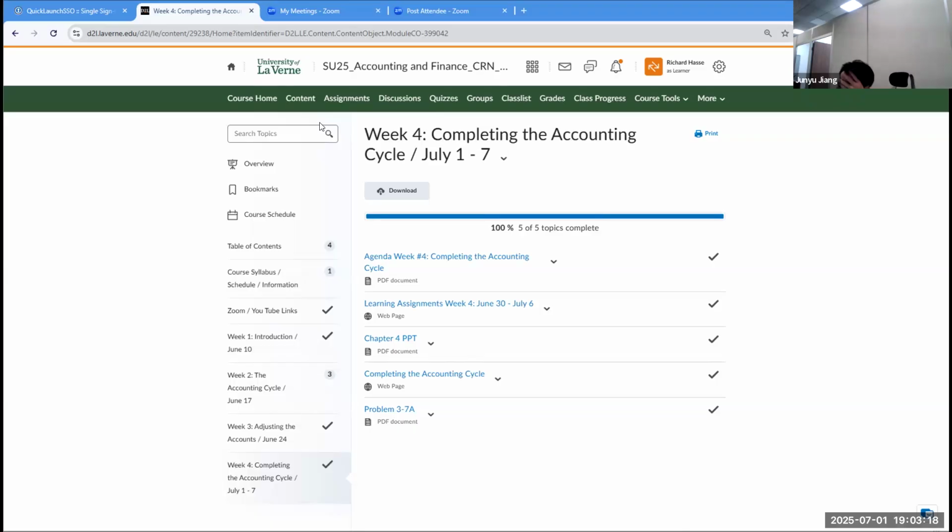Secondly, if you feel you need to practice the closing of the accounting cycle, this problem 3-7A, which is not for a grade, is a good way of practicing that material. If you've got a pretty good handle on it, that's okay. We're going to review that in class next Tuesday, July 8th.